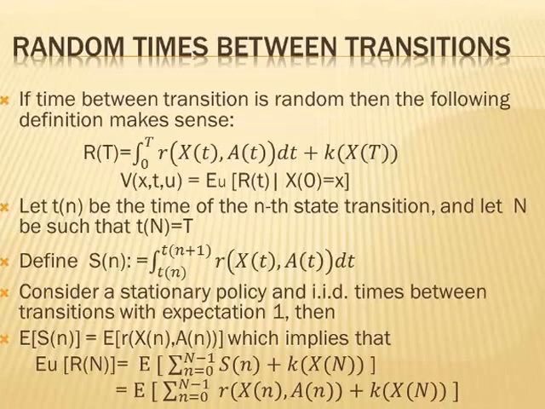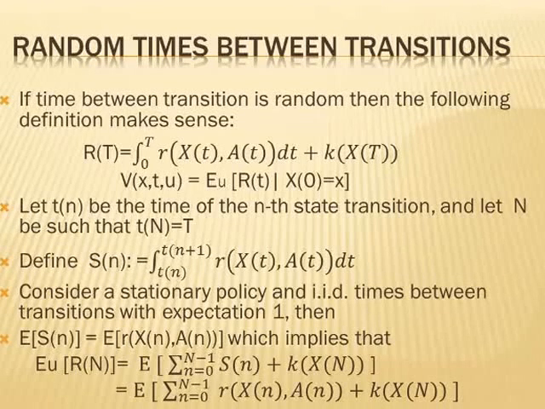Now, first thing that we can do, we can write it in a discrete way by replacing the integral between 0 and t by a summation of integrals, and each one of the integrals in the summation is the integral from a given transition to the next one. So we write these as S of n.